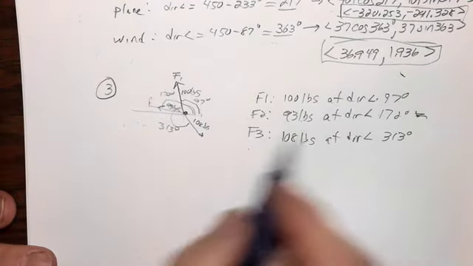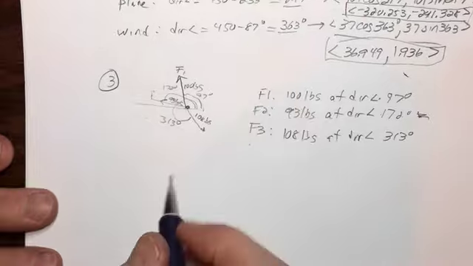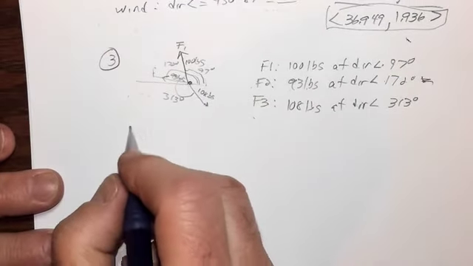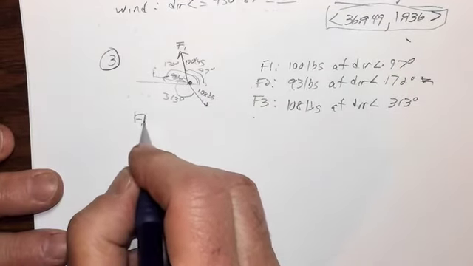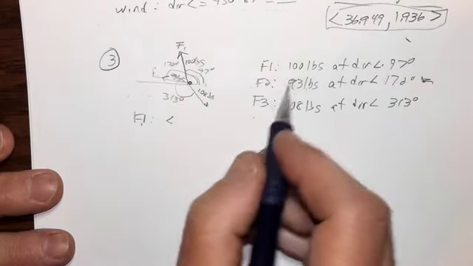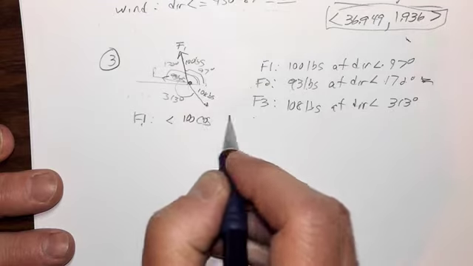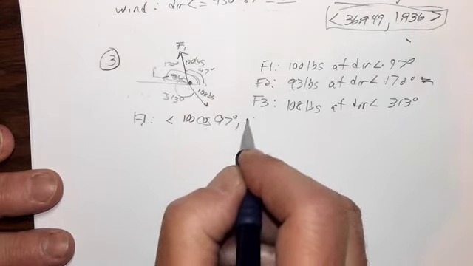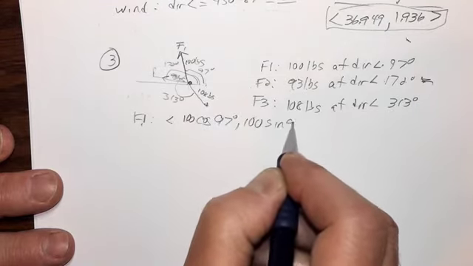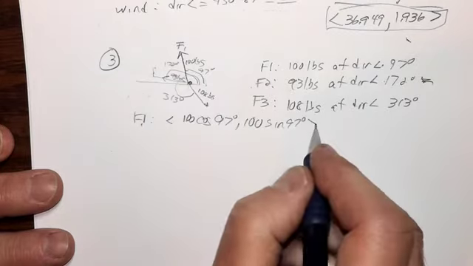To find the component form of each of those, you just do the same things we've done before. For force 1, the component form is going to be 100 times the cosine of its direction angle, 97 degrees, and 100 times the sine of 97 degrees.